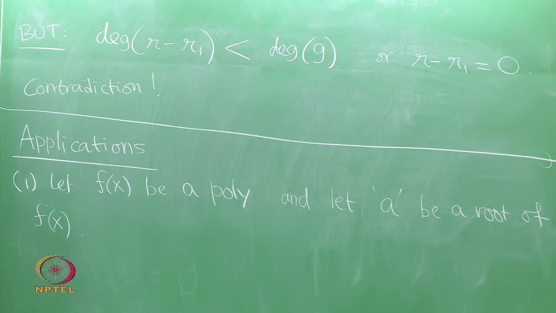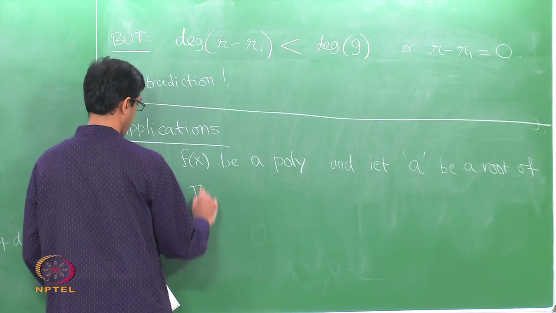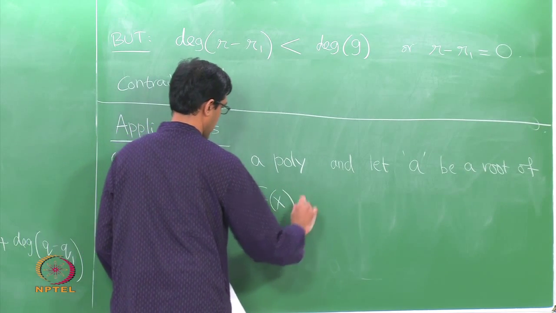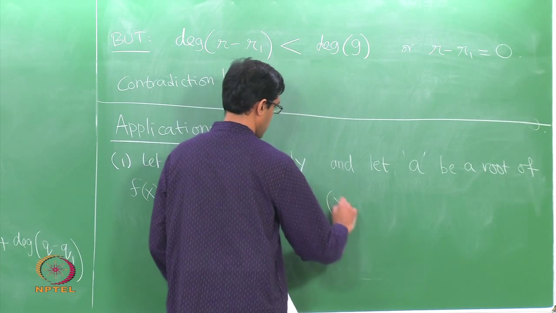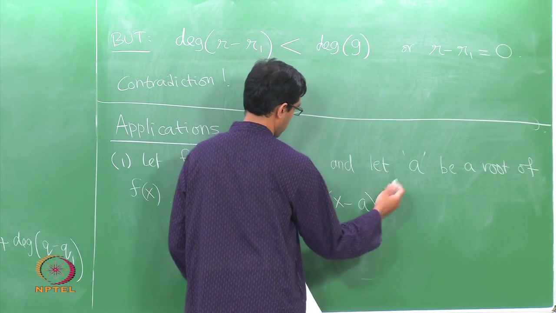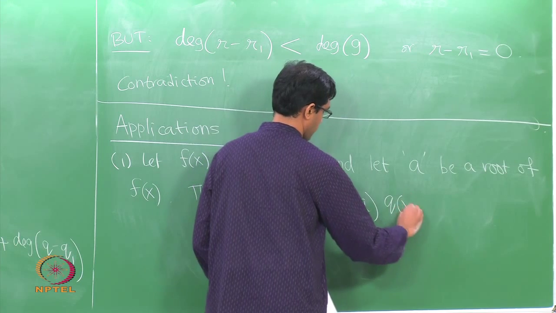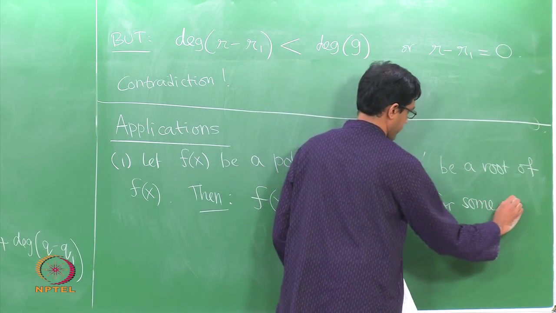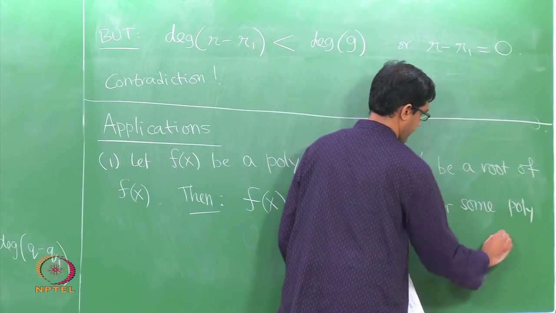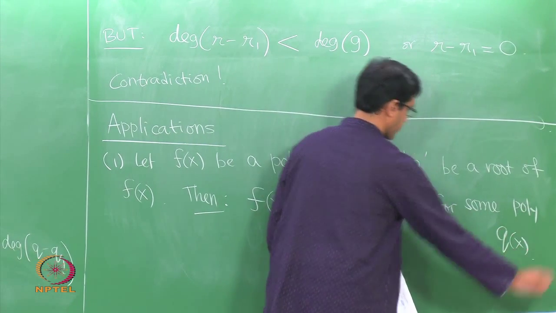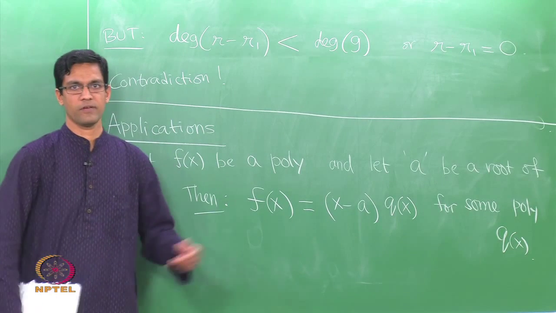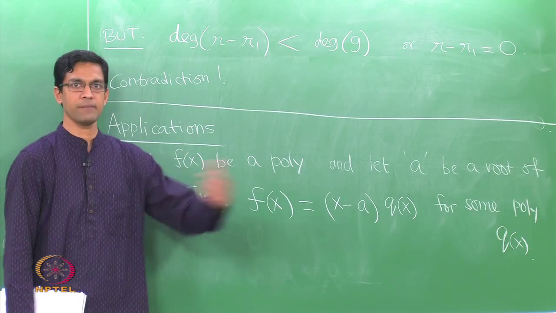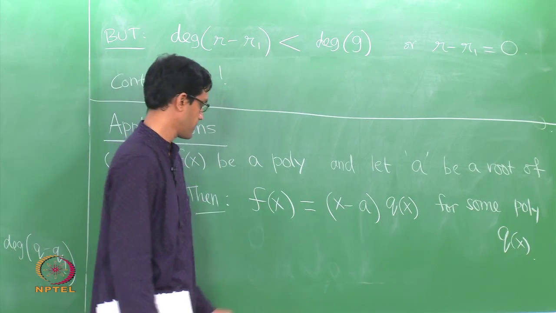If a is a root of f of x, then f of x can actually be written as x minus a times some other polynomial q of x, for some polynomial q. In other words, if f of a is 0, then f can always be written as x minus a times something, it is a multiple of x minus a.